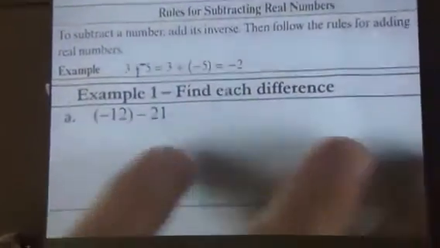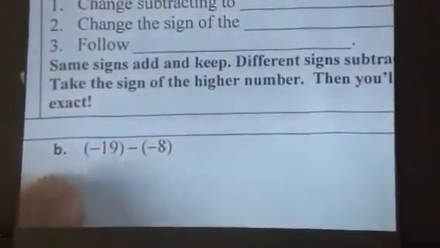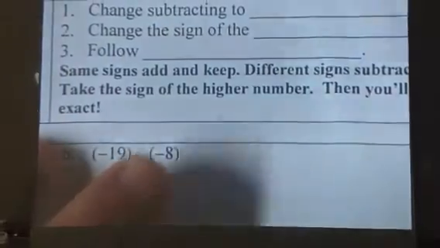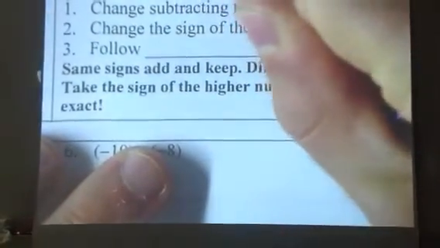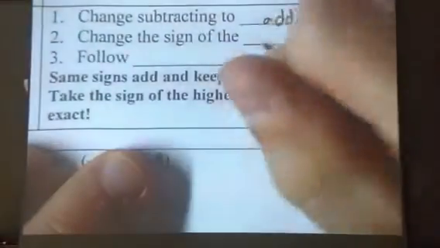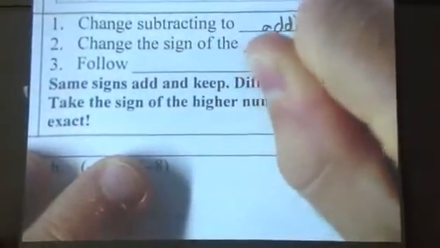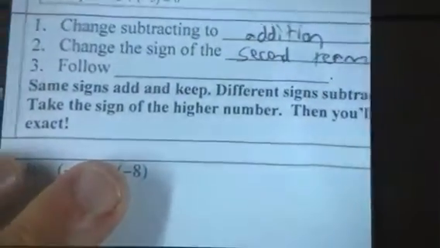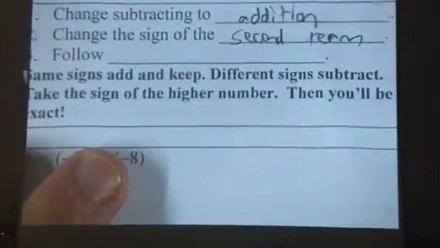So, for all the problems that you see today, you're going to follow these steps. First thing you're going to do is change the subtraction to addition. Change subtraction to addition, change the sign of the second term, and then follow the addition rules.